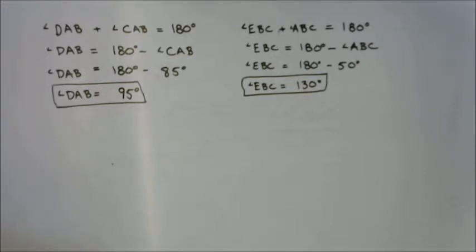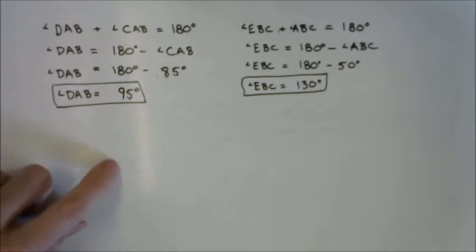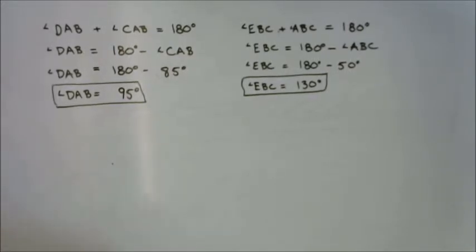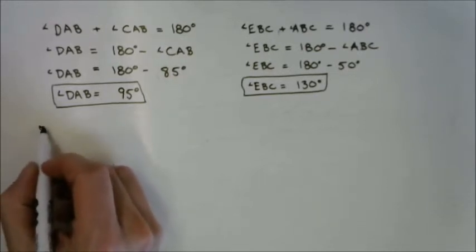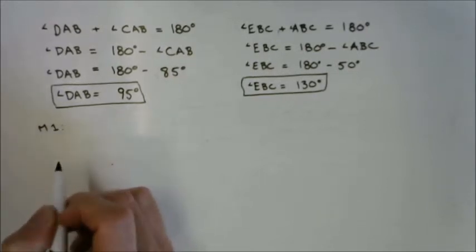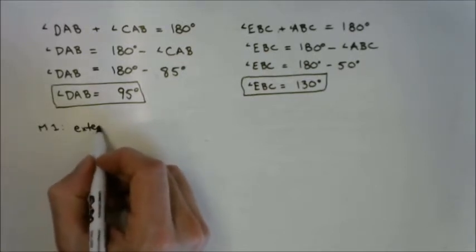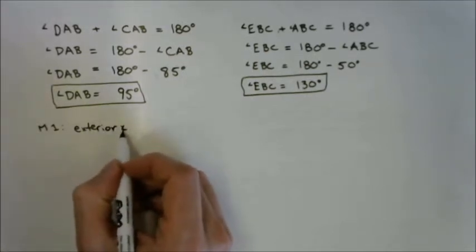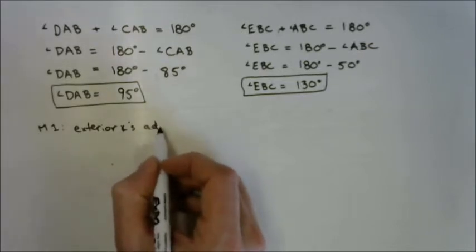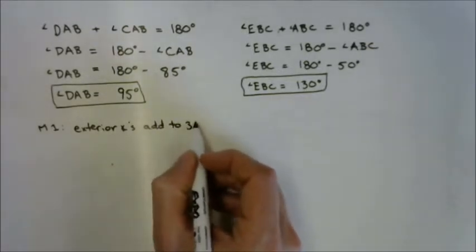How can I do that? You just add these two together, and if they make 360, then you're good. So there's two methods. You can add these two up and then subtract from 360. Let's say method 1 is exterior angles add to 360.